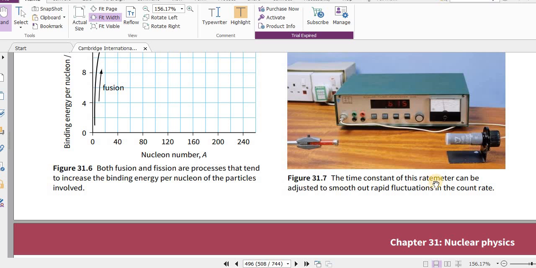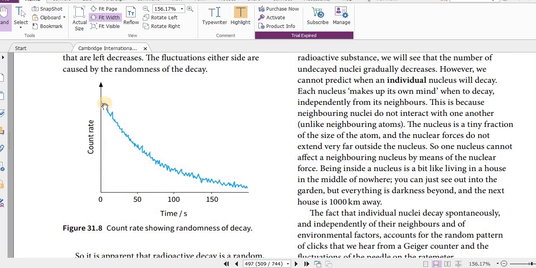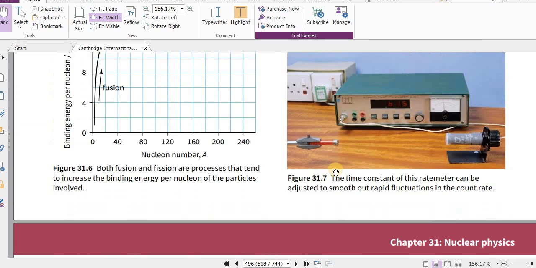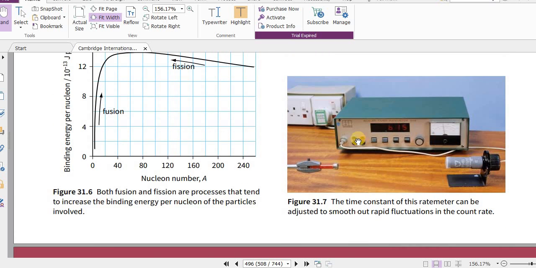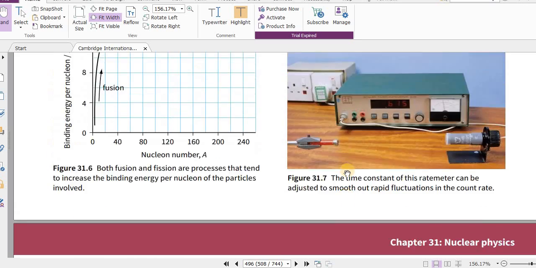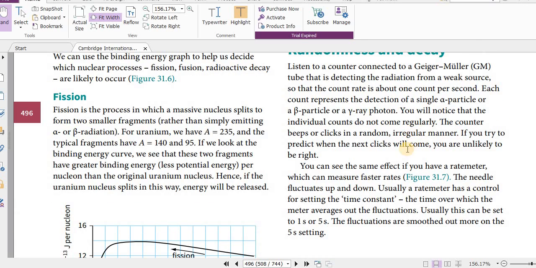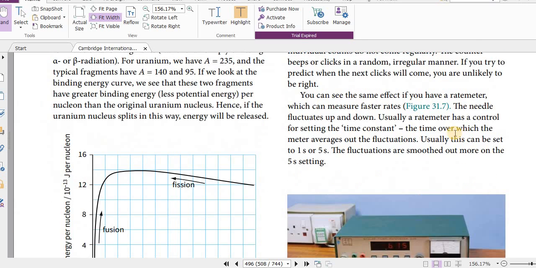The time constant of this rate meter can be adjusted to smooth out rapid fluctuations in the count rate. So you can use the settings here and adjust them so you get a proper, smooth curve. The needle fluctuates up and down.